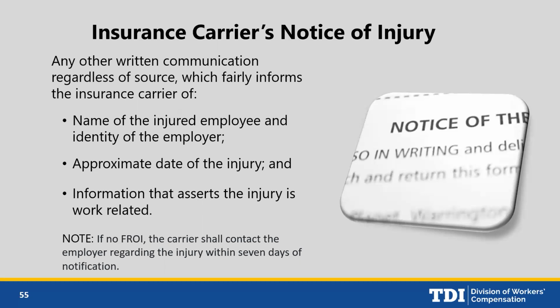So if there is no first report of injury and say your bill gets to the carrier first, that initiates notice. So the carrier, if they receive your bill, has to contact the employer regarding that injury within 7 days of receiving that bill and work out the first report of injury there.